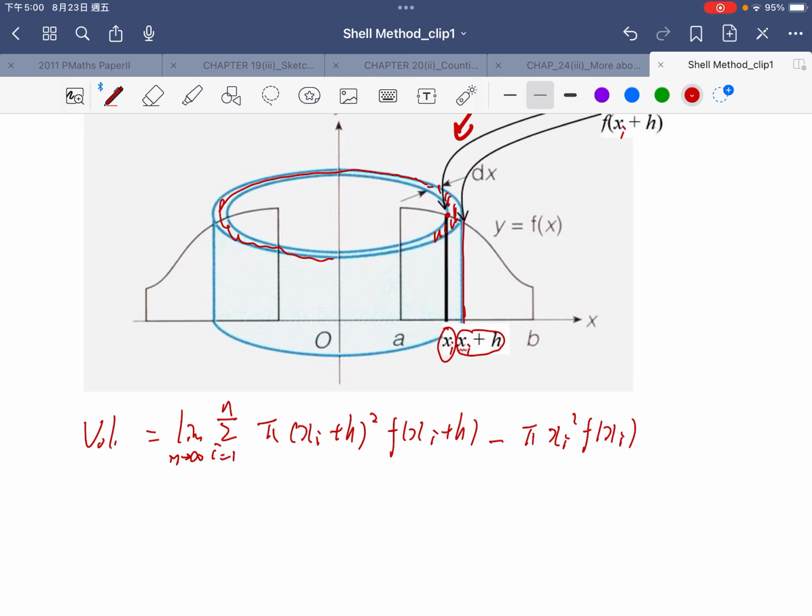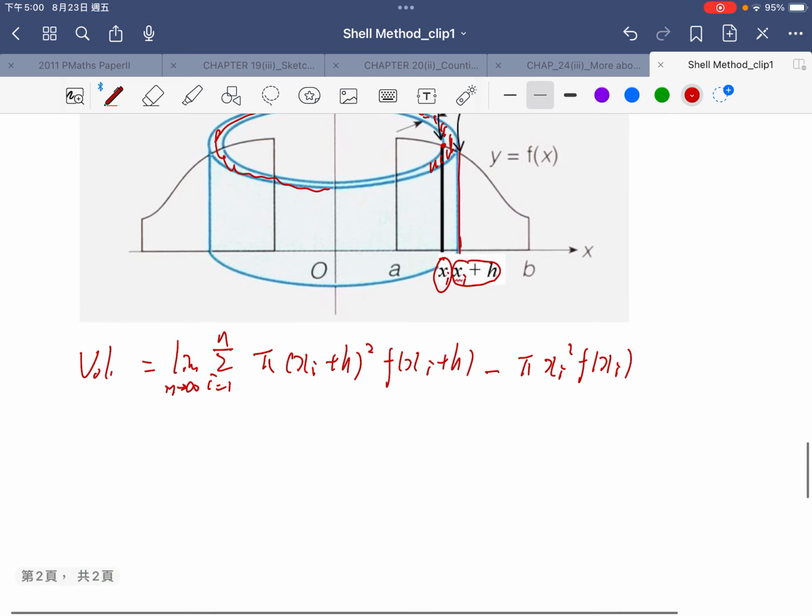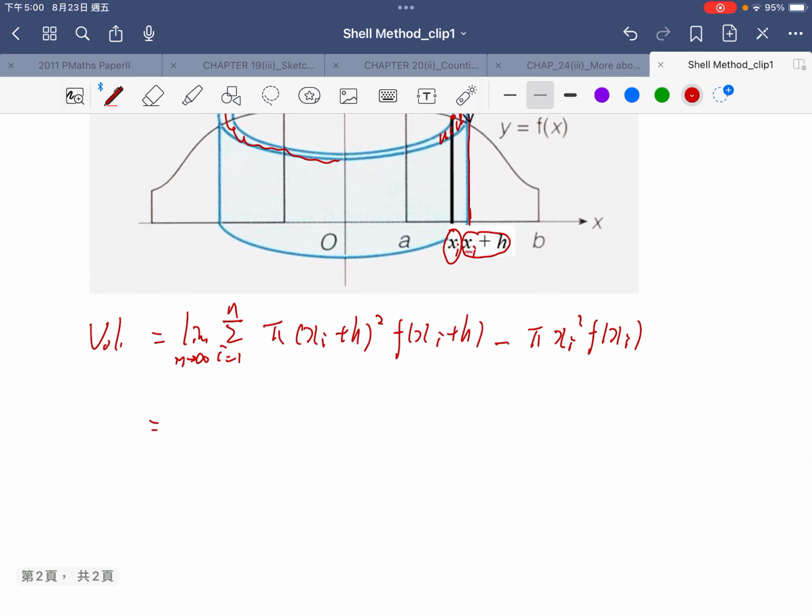Then the sum of all these shells, taking the limit as n tends to infinity, is the rotational volume: the limit as n tends to infinity of the summation from i equals 1 to n.